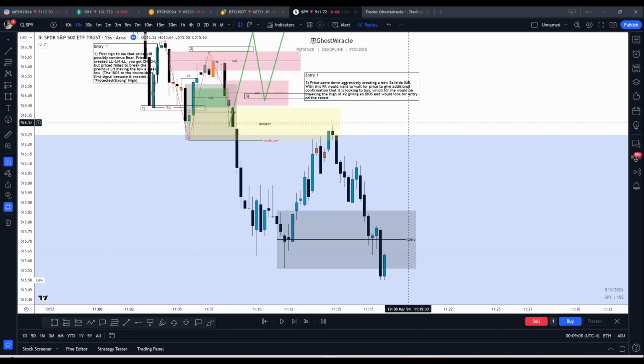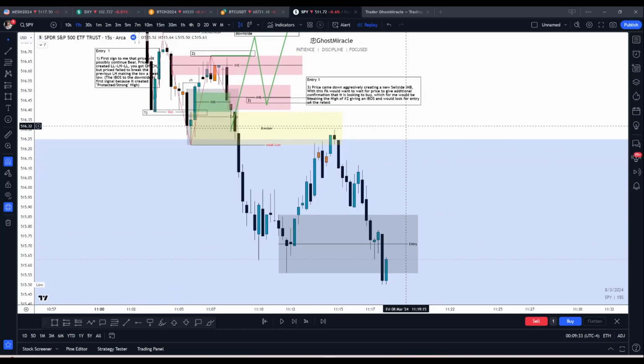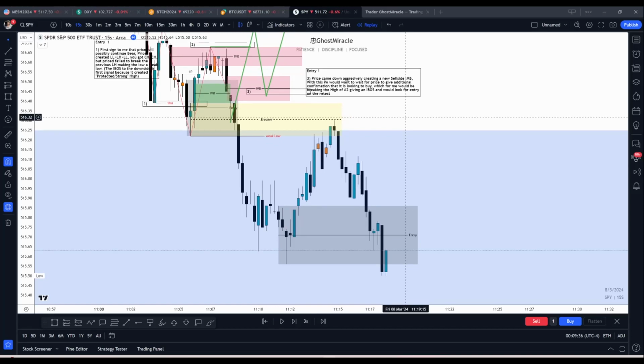But from my understanding, it diminishes the value of the type of break, because some breaks have more significance than others. That's why I like to differentiate between the internal break, change of character, and break of structure, as opposed to labeling everything as a break of structure.